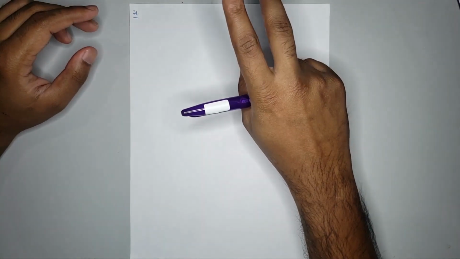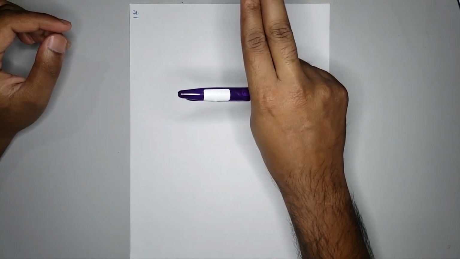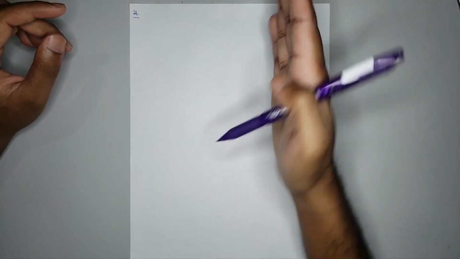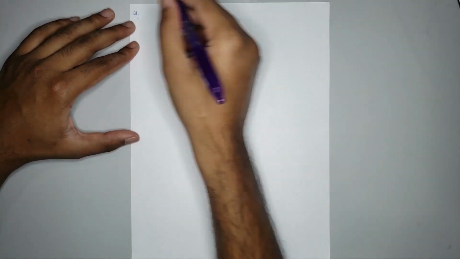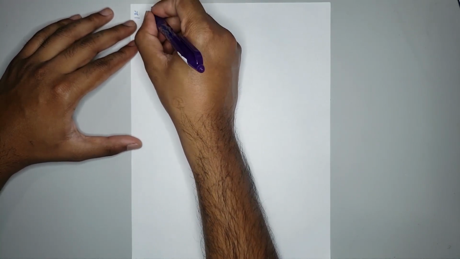Since B is the midpoint of the two fractions, what we need to calculate first is the sum of the fractions. So you need to add the two fractions and then divide it by 2, because this is the midpoint, which is half. So first we need to calculate the sum.